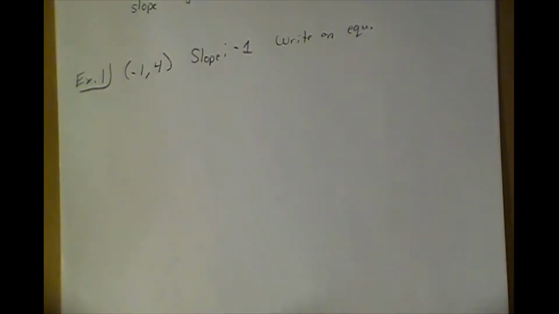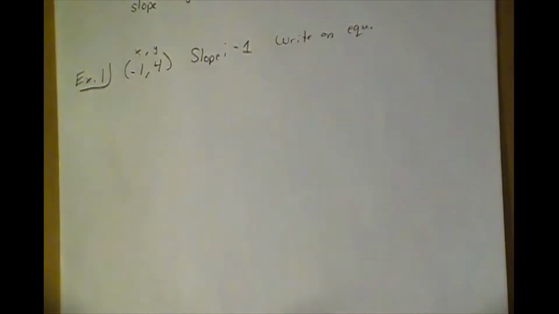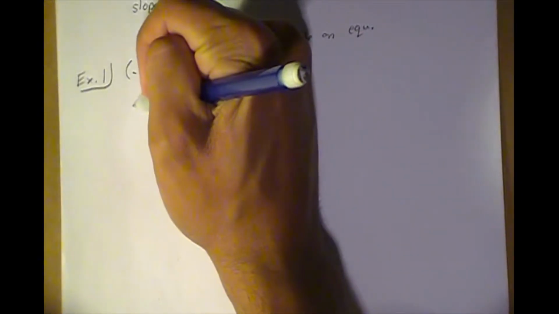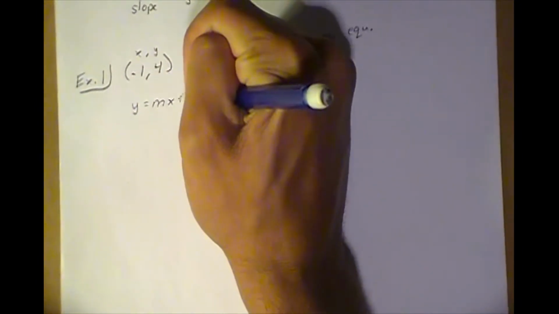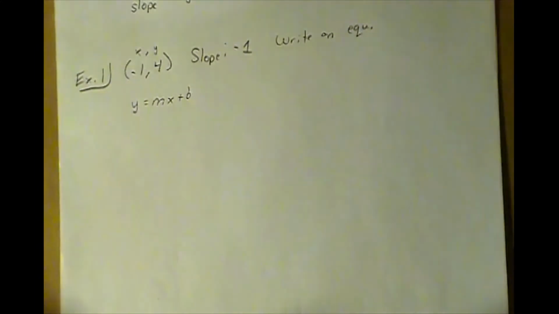Well, let's first identify what this point is. This is an xy pair. And, well, this is the slope. Okay, cool. So, let's start using the slope-intercept form equation. Y is equal to mx plus b. Now, we identified that m is the slope, x is the input, y is the output, and b is the y-intercept.